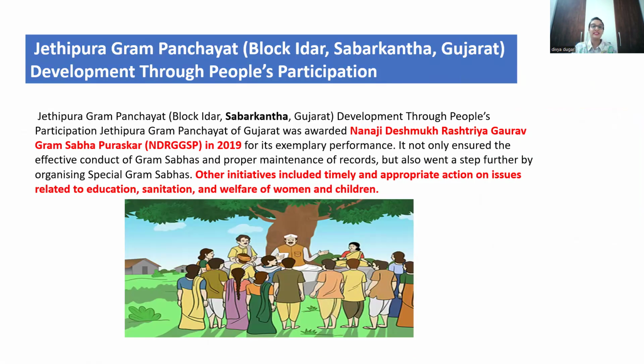Now, students, two case studies were given in your new NCERT textbook this year. I would like to focus on these case studies. One is Jetipura Gram Panchayat. This is a case of Jetipura Gram Panchayat, which is in Gujarat.